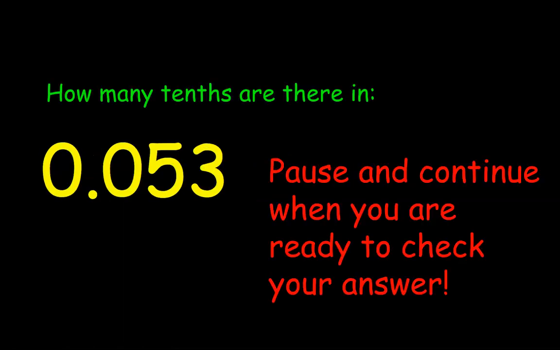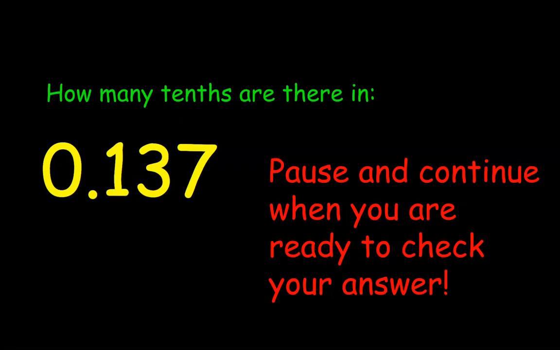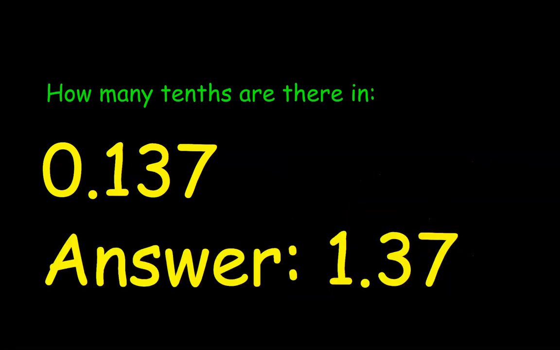If you really aced that, there are 5 more for you to try. They are about just having slightly longer decimals. Try these. How many tenths are there in 0.053? 0.53. How many tenths are there in 0.137? 1.37.